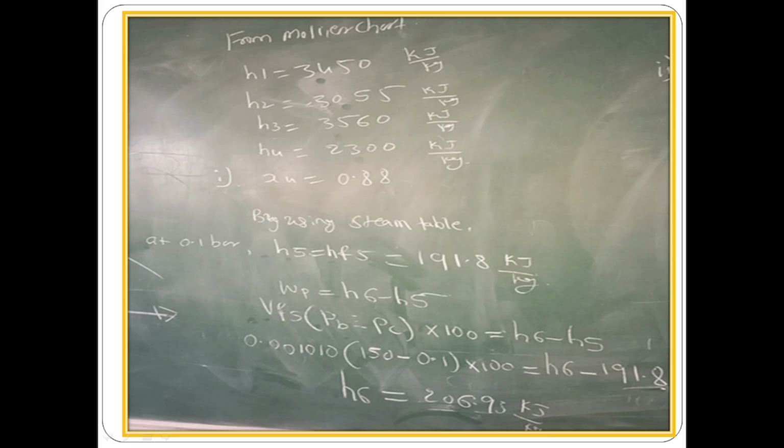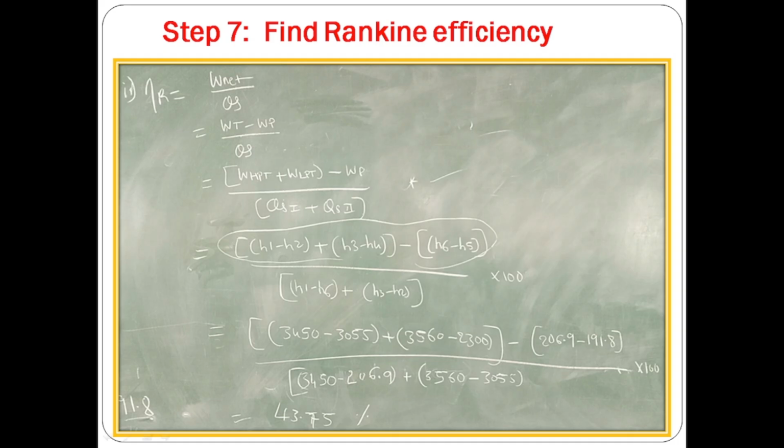Okay, now we are going to consider the pump work. The next step is to calculate the Rankine efficiency. Rankine efficiency is equal to net work divided by heat supply. Net work we can write as turbine work minus pump work, divided by heat supply.